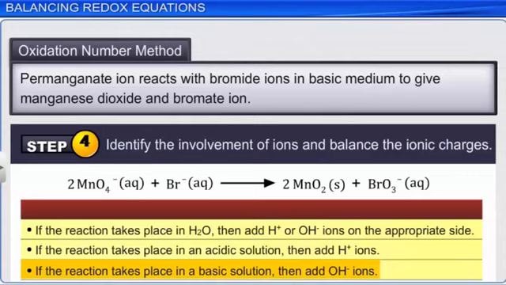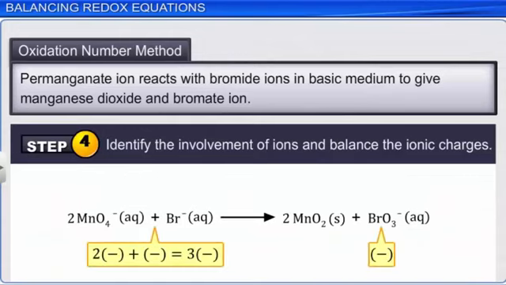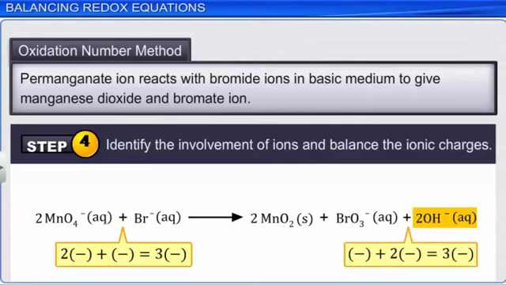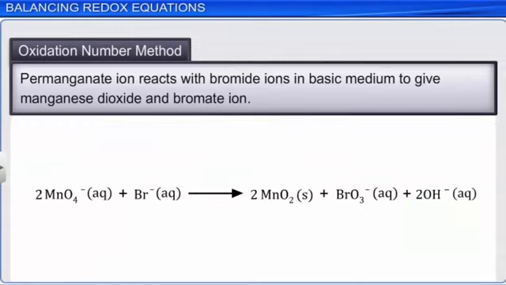As the reaction occurs in the basic medium and the ionic charges are not equal on both sides, we need to add 2 OH minus ions to the right side of the equation, so that the ionic charges are balanced. Finally, balance the number of hydrogen atoms.